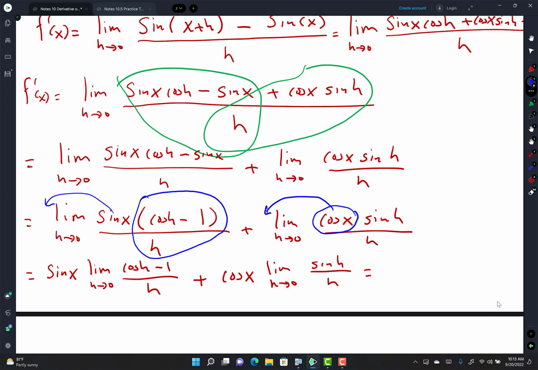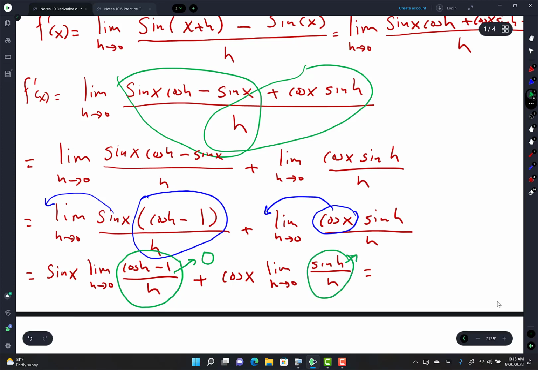The limit as h approaches 0 for cosine h minus 1 over h is going to be approaching 0. And sine h over h, as h approaches 0, is going to approach 1. So what I really have is sine x times 0 plus cosine x times 1.